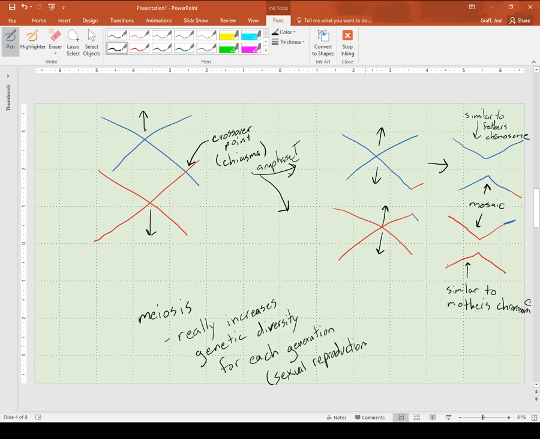The alternative to sexual reproduction would be asexual reproduction. And imagine if you had one bacteria, it had a single blue circular chromosome. That bacteria went ahead and divided into two bacteria, and each daughter would get a copy.